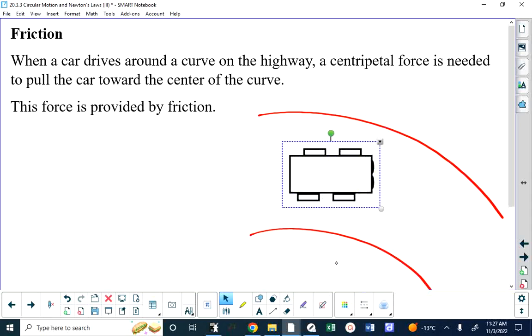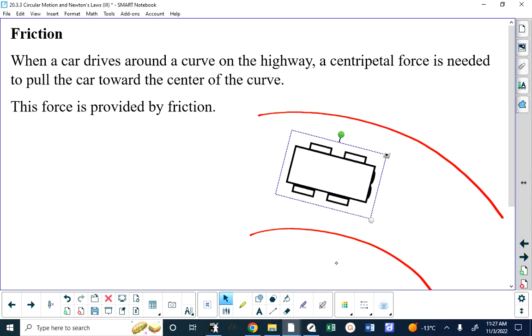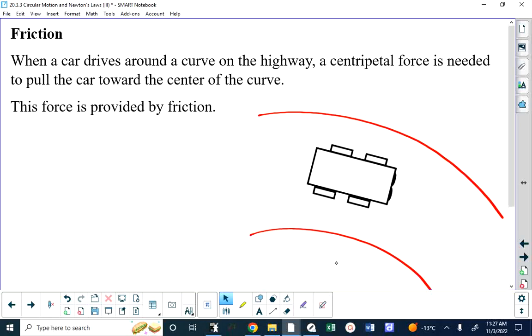If they want to follow that curve, and we talk about the forces acting on the car, if they're traveling at a constant speed, what that means is that there's a forward force of the engine at that point in time, and there's a backwards force of friction. But if they're traveling at a constant speed, they're not speeding up or slowing down. Those forces are equal.